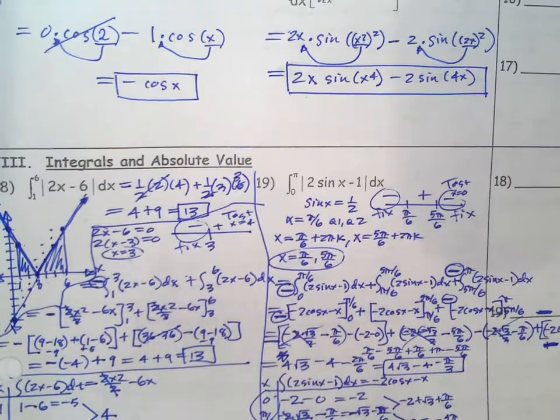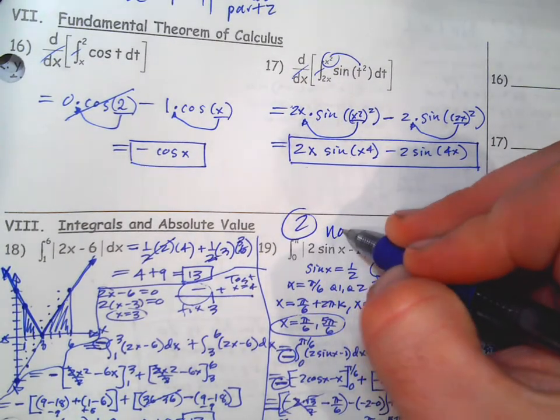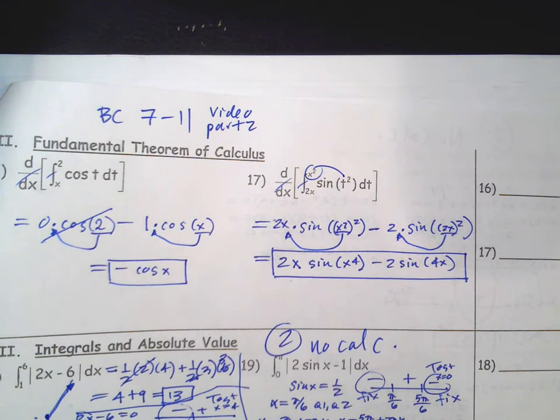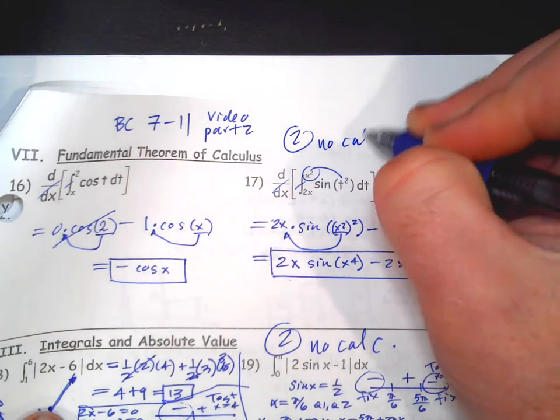Absolute values are going to be on the no calc, because otherwise you wouldn't have to, you'd just plug it into your calculator. So absolute values is part 2, no calc. Fundamental theorem of calculus is probably part 2, no calc. The calculator's not going to help you with it, even if it is on the other part. So that's it. Be ready.